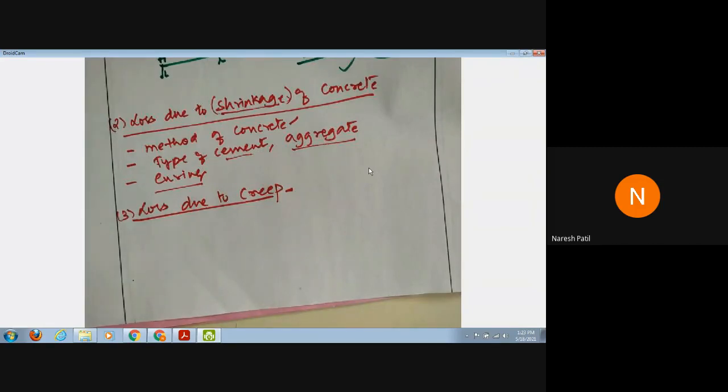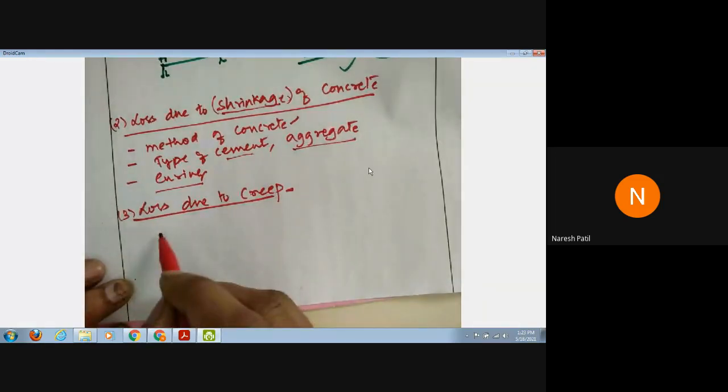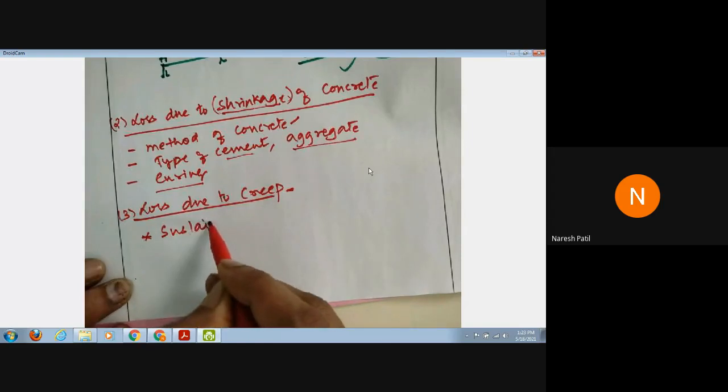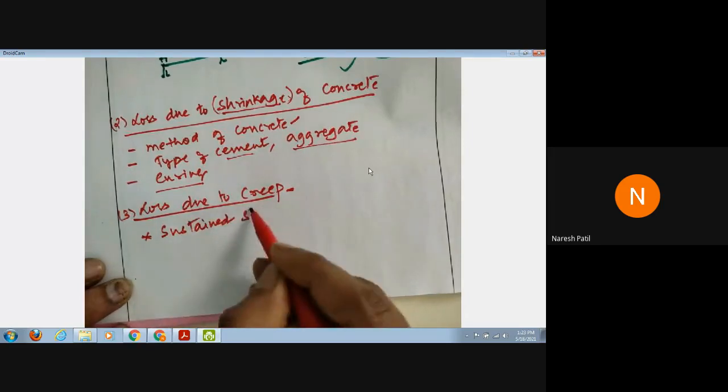It is not an immediate loss. So what will happen? The deformation of concrete under sustained stress. This is very important. Under sustained stress or loading.